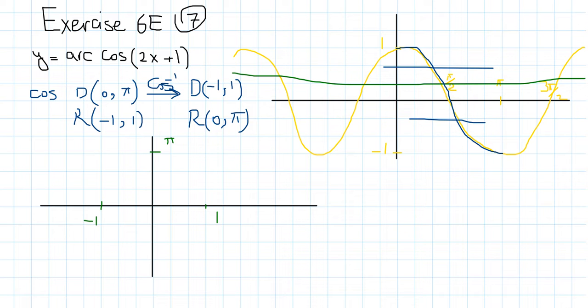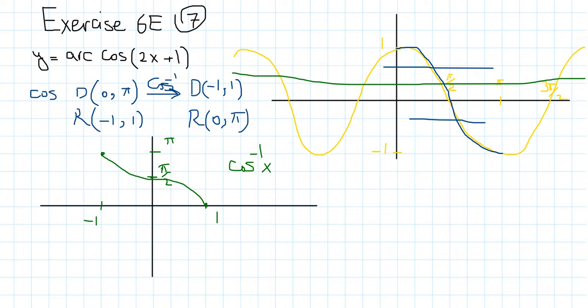I know I have intersection with the axis at pi over 2. Another point is 1 and 0. So if we draw this graph, it will be like this. So the graph of cosine inverse is this, cosine inverse of x.